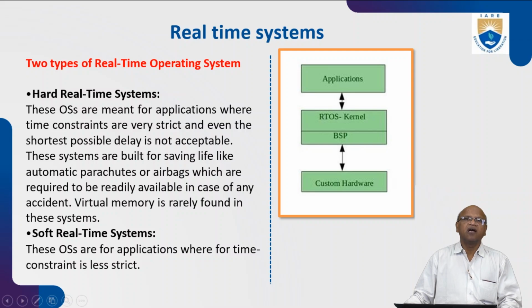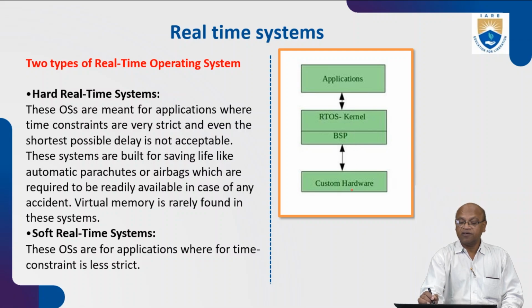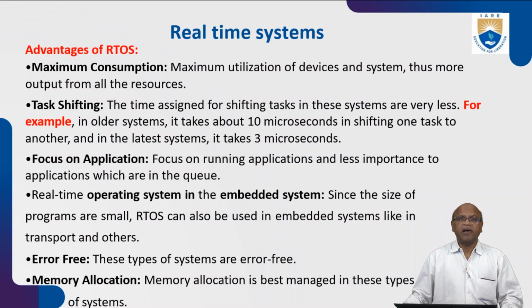If you look at this diagram, there is the application, the real-time kernel, and your custom hardware. In hard real-time systems, things happen within no time, with no delay. Whereas in soft real-time systems, some acceptable delay may be permitted, while in hard real-time systems, no time delay is accepted.